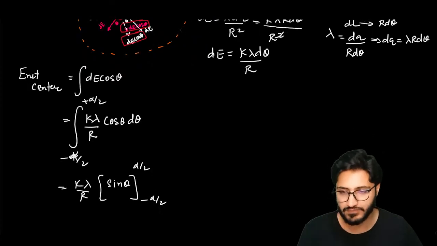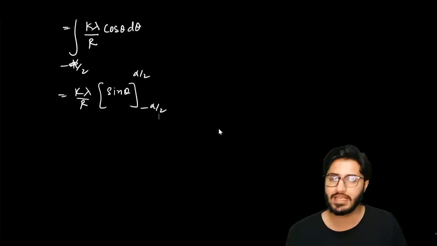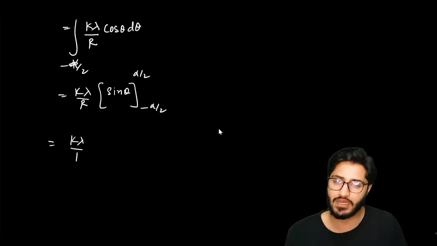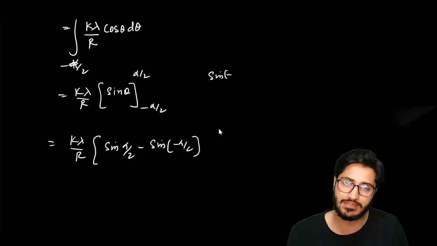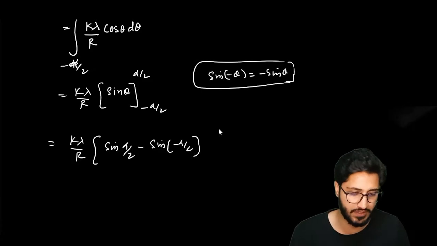So it is k lambda by r, then upper limit is sine alpha by 2 minus lower limit is sine minus alpha by 2. We know that sine minus theta equals minus sine theta. We know this expression, no?